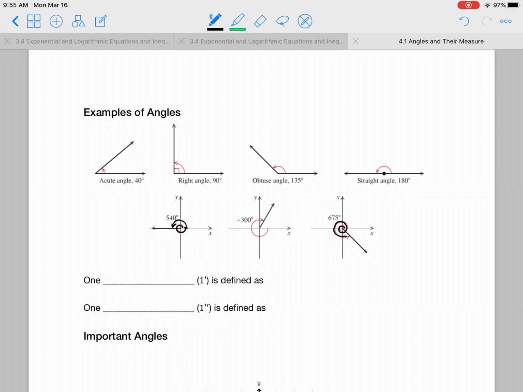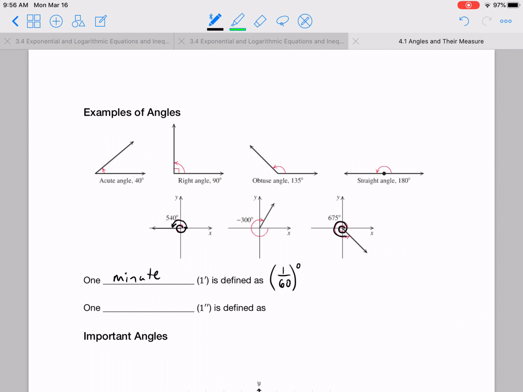We can also kind of break this up, and we can define 1 minute, right? One with one little apostrophe there is defined as 1/60th of a degree.